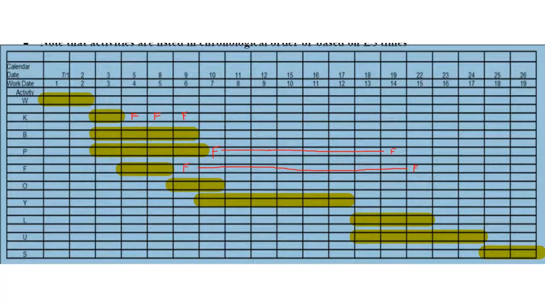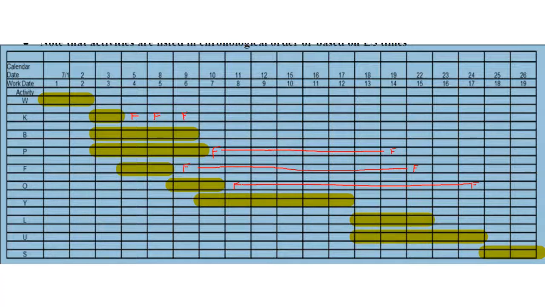So you could refer to your network diagram and see that activity O has got 10 days of float. So basically starting from here, 1 2 3 4 5 6 7 8 9 and 10.